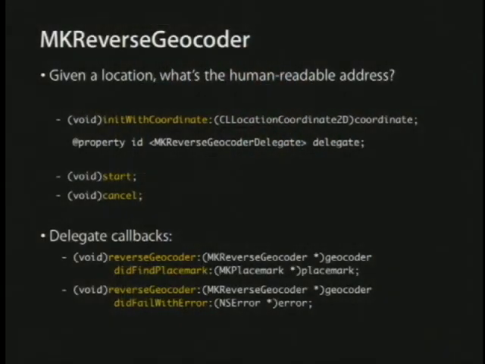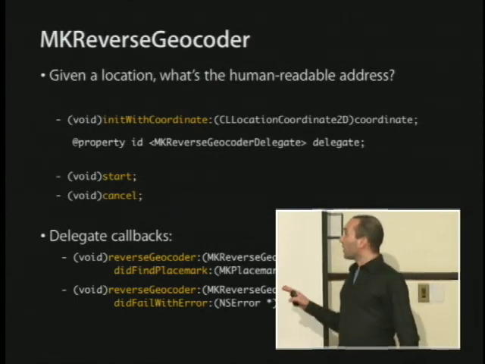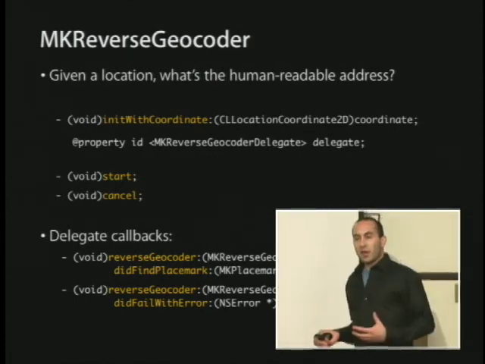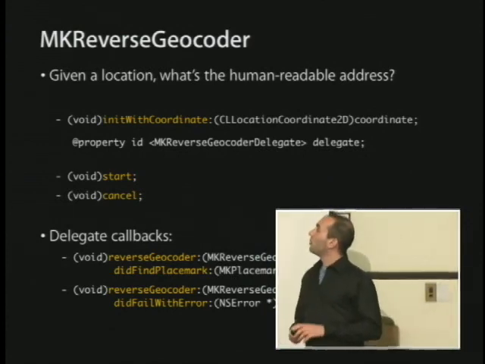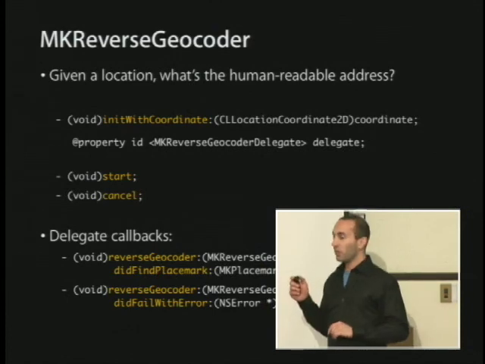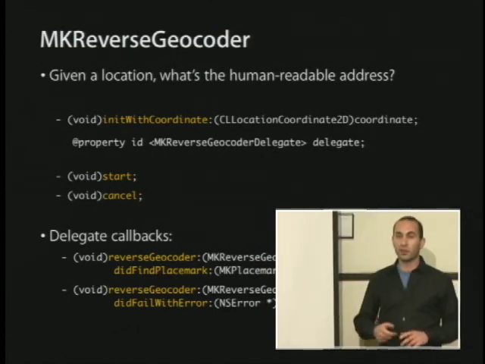And the last class I want to show here is MKReverseGeocoder. I'm going to get into some examples after this. But if you have a location in space, right? If I get my geolocation right here, right now, it's going to have some value, 29 point blah blah blah, and 44 latitude point blah blah blah. I made that up. That's not really where we are. So I would get that value from CoreLocation, and then I can create a reverse geocoder, init with the coordinate and set myself as the delegate.